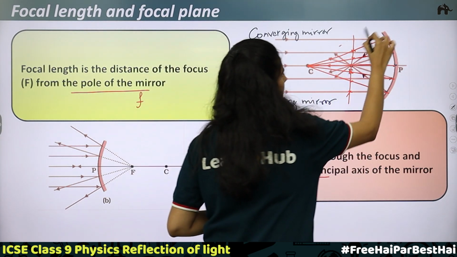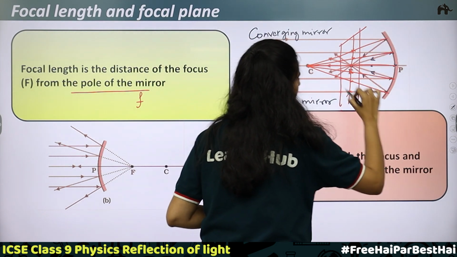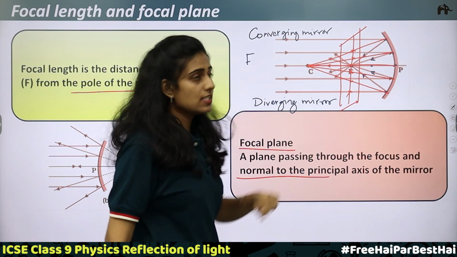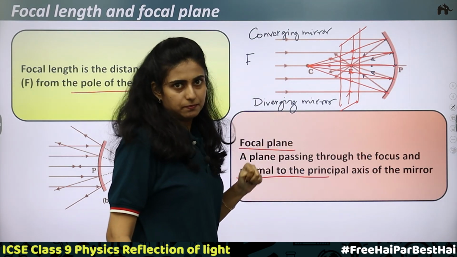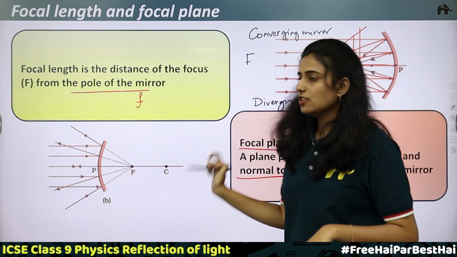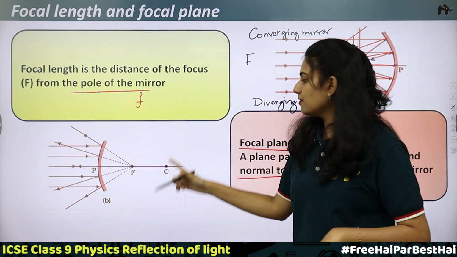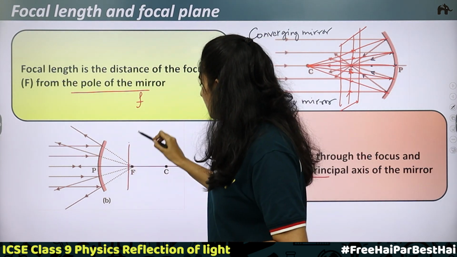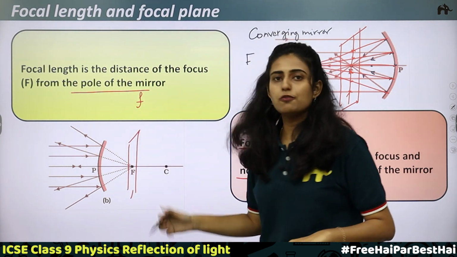So this plane containing the focus and the normals to the principal axis we call the focal plane. Similarly, you can draw the focal plane in the case of a convex mirror. Here we have the focus, normals can be drawn, a plane will be obtained. This plane is called the focal plane.